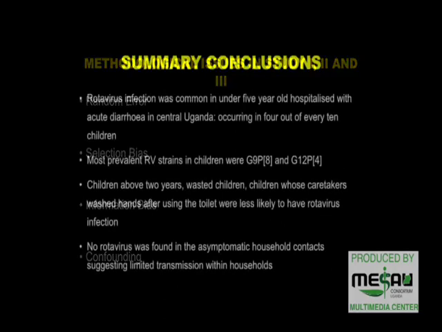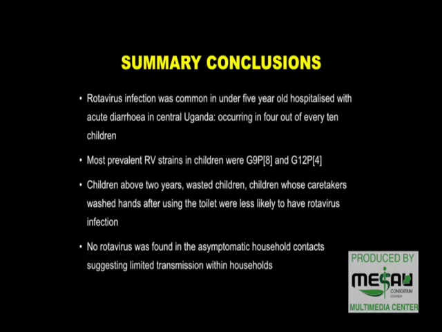So in summary, the conclusions from this study are: rotavirus infections were common in under 5-year-old hospitalized children in central Uganda, occurring in 4 out of every 10 children. The most prevalent strains were G9P8 and G12P4. Children above 2 years, wasted children, and those whose caretakers did not wash hands after using the toilet were likely to have rotavirus infection.